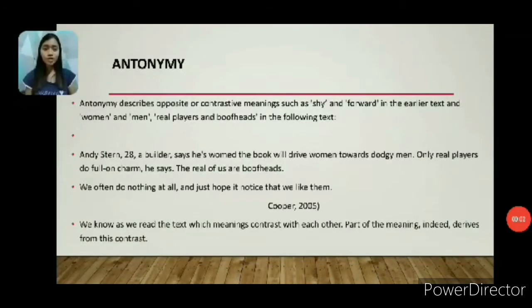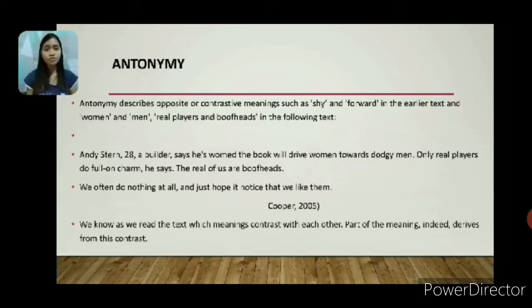Antonymy. When we say antonymy, it describes opposite or contrastive meanings, such as shy and forward in the earlier text, and women and men, real players and buffheads in the following text. For example, Andy Stern, 28, a builder, says this book will drive women towards dodgy men.